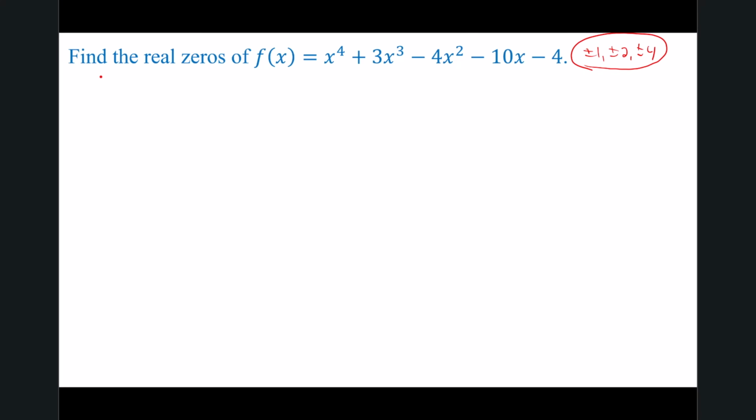So if I try 1, then I get 1 plus 3 minus 4 minus 10 minus 4, which is not 0. That's 4 minus 18, which is not 0. Let's try negative 1.